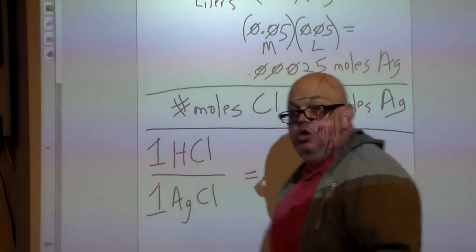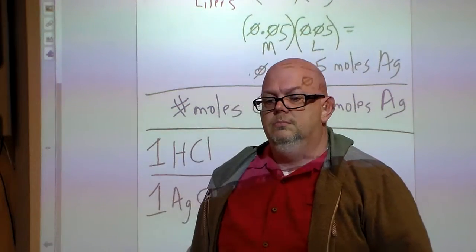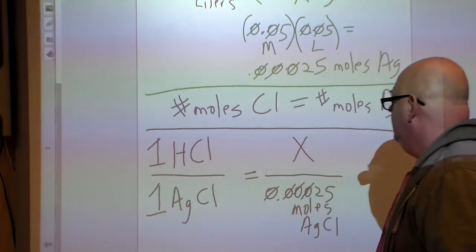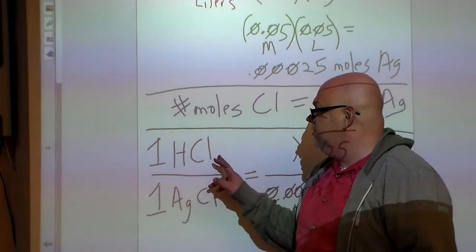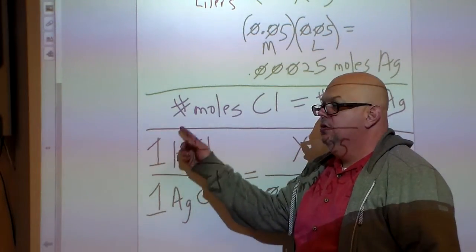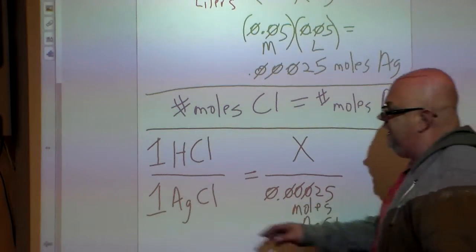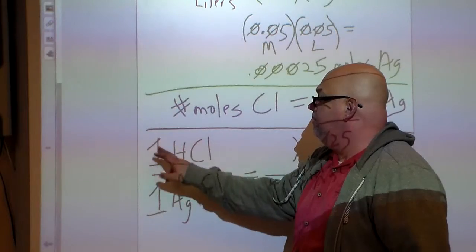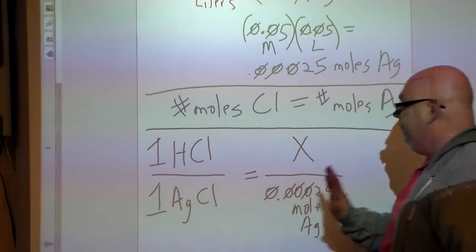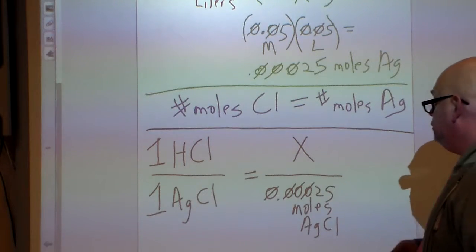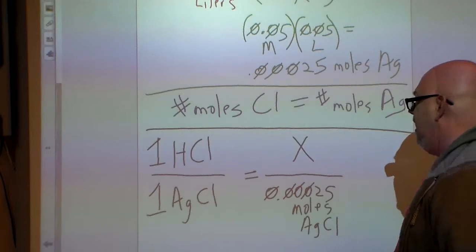That is where you cross multiply and divide. If this was a different ratio, say AgCl2, then that would be a 2 HCl, a 2-to-1 ratio. But for this problem, it's 1-to-1. So we have 0.00025 moles of AgCl.